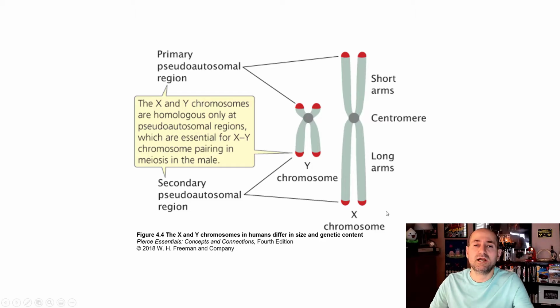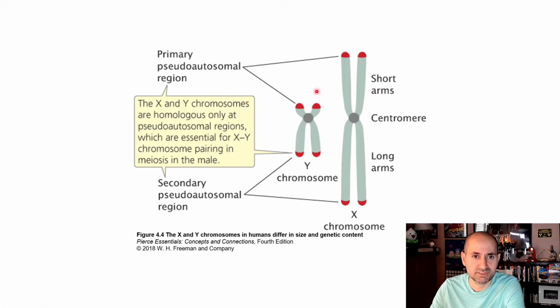And by the way, you know how chromosomes are numbered 1 through 23, and then you have two sets of 1 through 23. It's the 23rd chromosome that refers to the X and Y chromosomes. So the 23rd chromosome is what we're talking about here.